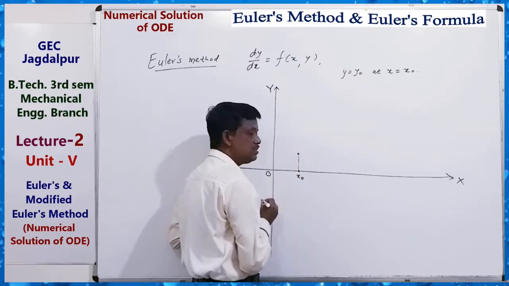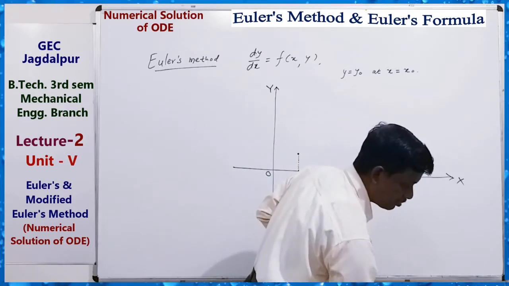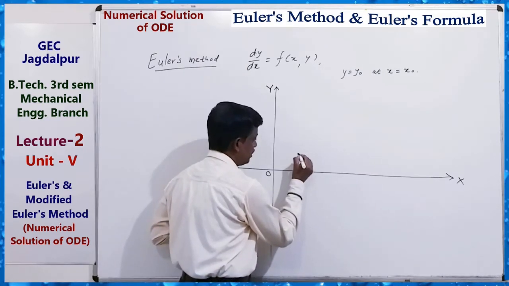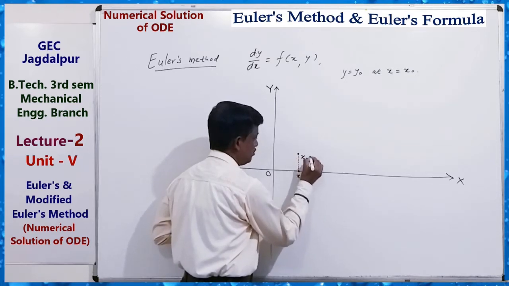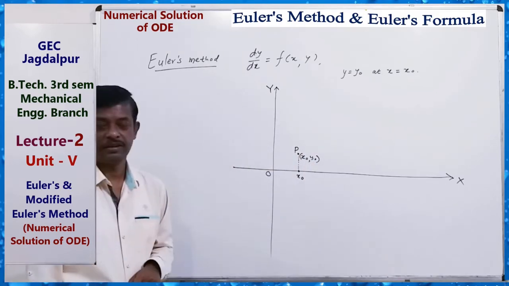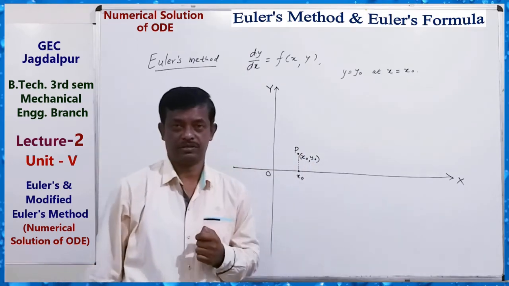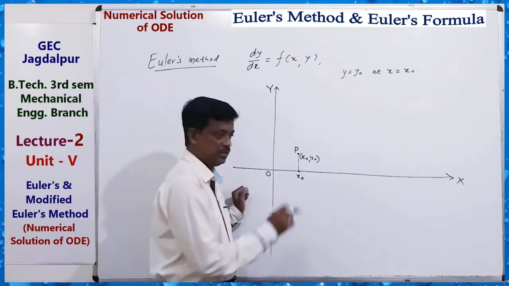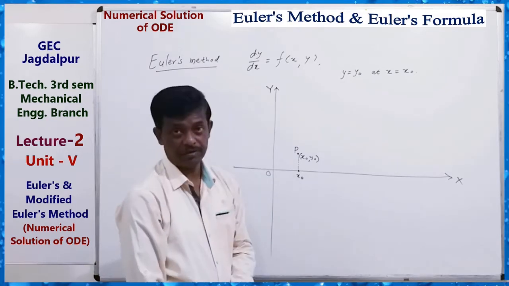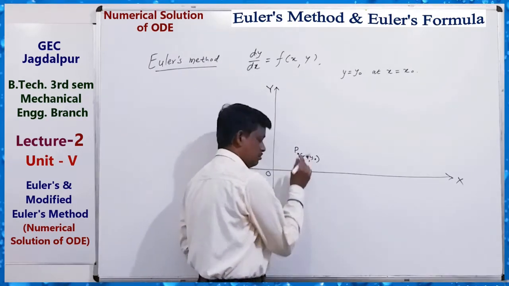That means this point is x0, y0, the first point. Suppose this point is P. Our curve of solution satisfies this initial condition, so this point is also on the curve, and our curve starts from here.